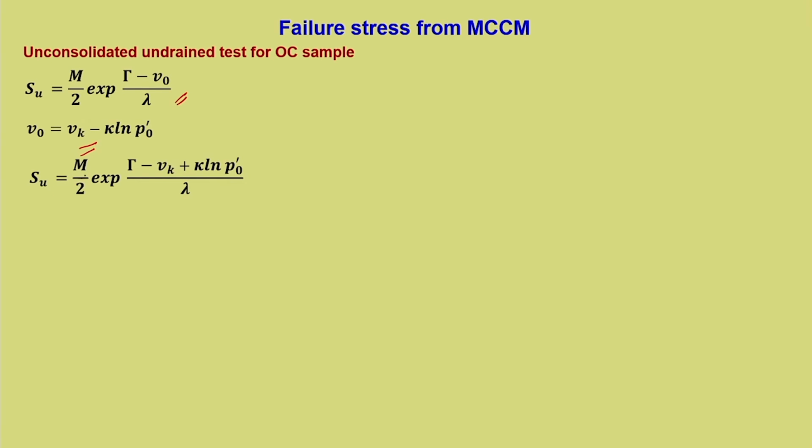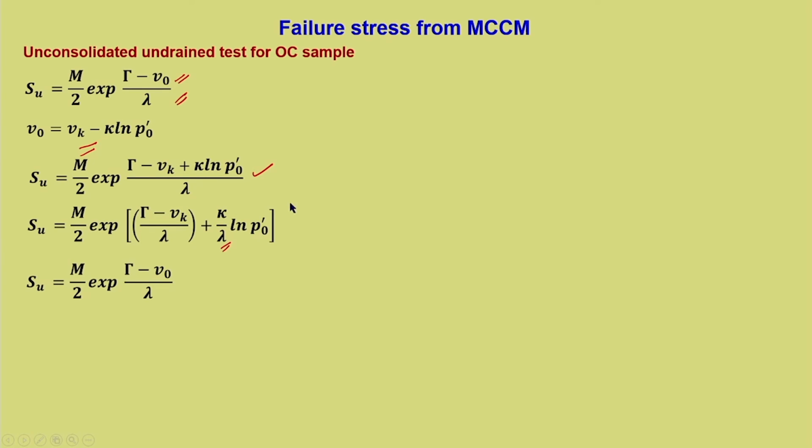So, we can write Su equal to m by 2 exp gamma minus, substituting for V naught, V kappa minus kappa ln P naught dash. Again, like the previous case, we can write m by 2 exp gamma minus V kappa by lambda plus kappa by lambda ln P naught dash. This kappa by lambda does not get cancelled off.